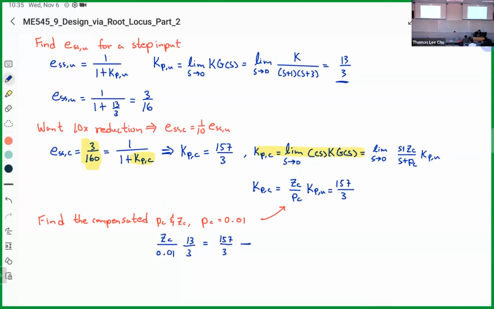When we calculate this all out, we find that ZC is equal to 0.121.